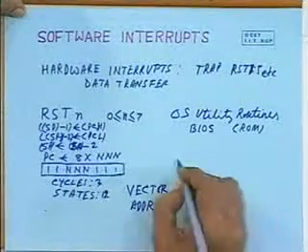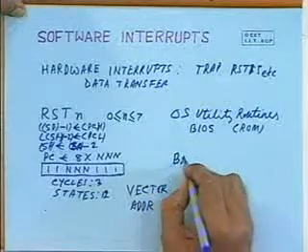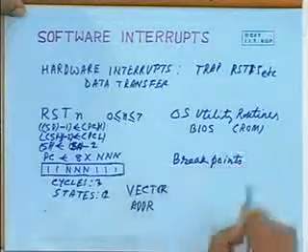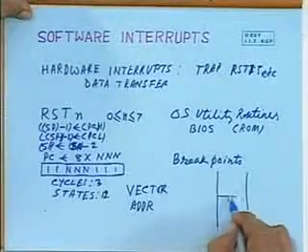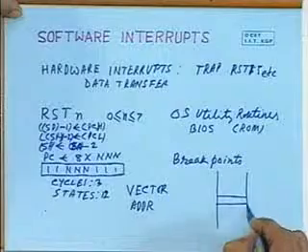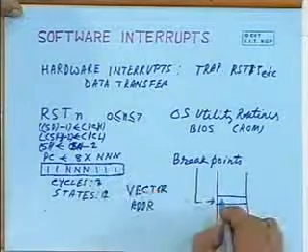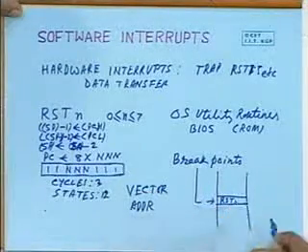Another important use of software interrupts is implementing breakpoints. Later on, when we shall be discussing program debugging, you will see a technique known as breakpoint being used. Breakpoints are nothing but points in your program, at some crucial places, where you insert an RST n instruction.